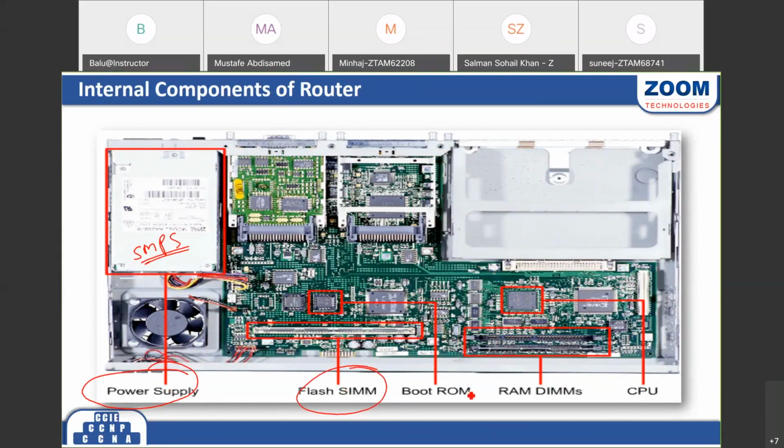The boot program will be stored in your ROM, which is the chip here. And RAM DIMMs, like how PCs have a RAM DIMM inside. This CPU is a processor. The RAM DIMMs you can use for NVRAM and RAM also.